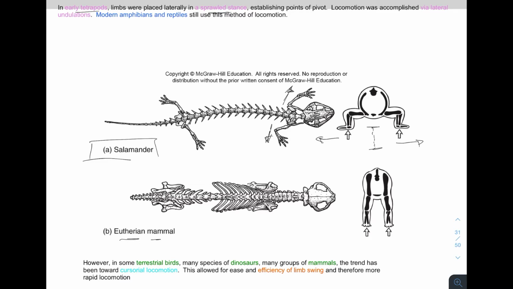If you want to prove this to yourself, just see if you can put your hands on the floor, let's say, pretending that you are a salamander, and put your hands far out away from your center and see how long you can hold that position, or just put your arms right in line with your shoulders and see how much easier and more efficient that is, just because the bones are aligned more efficiently.